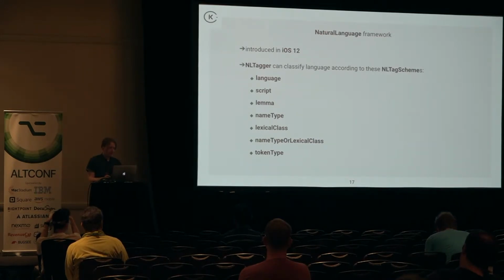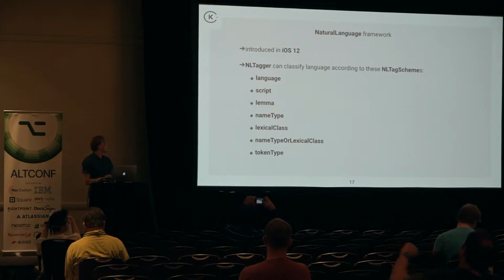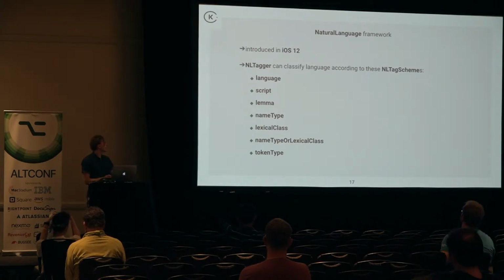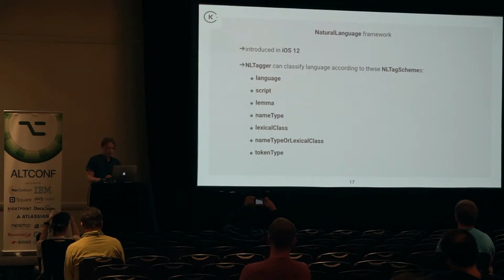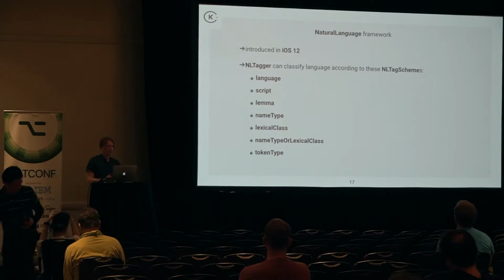And there are multiple schemes that it can be configured with. Once I saw this list, I of course knew that the name type would be the interesting one, because according to the documentation, NLTagger can then identify personal names, place names, and organization names.